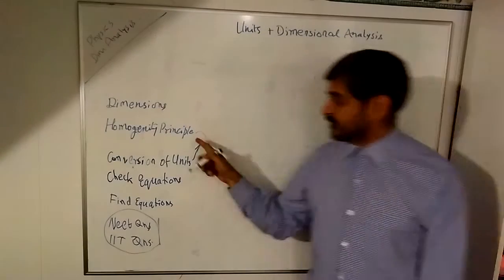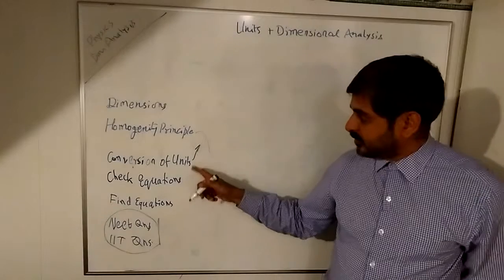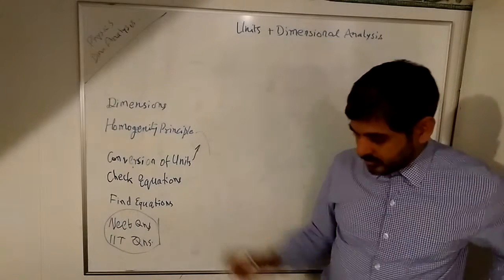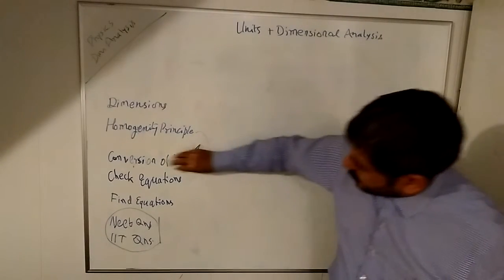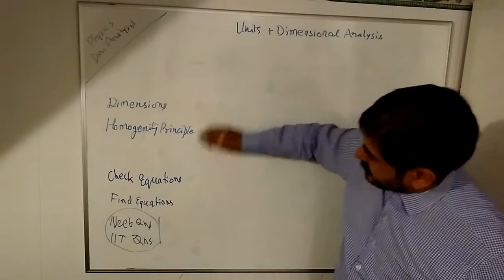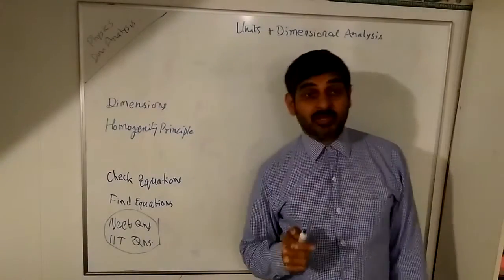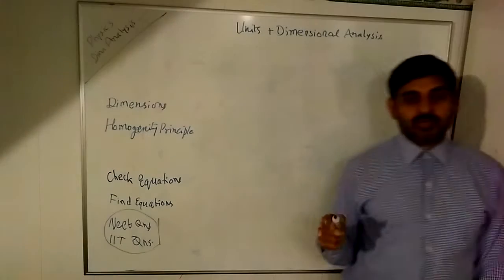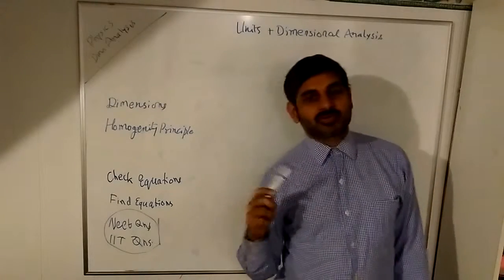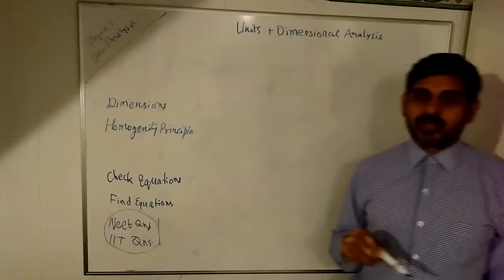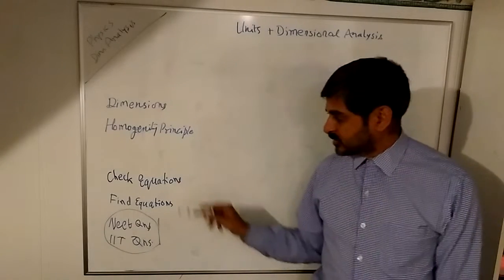So let's start. We will cover the homogeneity principle. We already have covered the conversion of units, so I'm getting rid of this. And then one of the uses of the dimensional formula is to check if the equations are correct or not. So you wrote an equation, and if you're not sure about some formula, you check the equations.